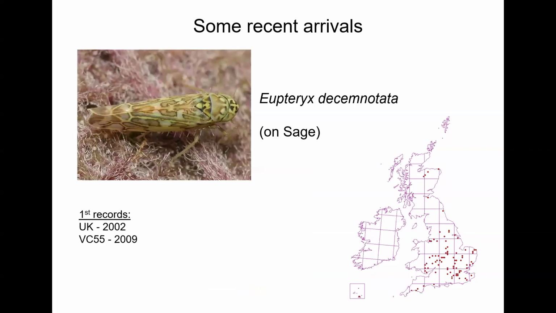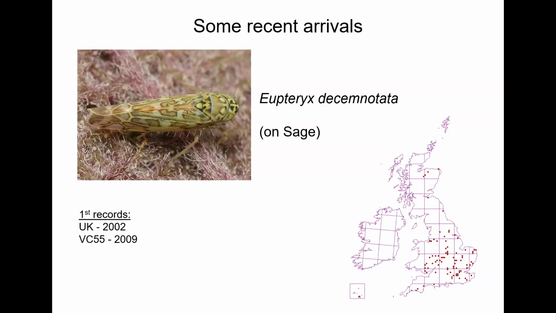Another species that's also doing very well for a different reason is this one, Auchenorrhyncha notata. This is one of the Typhlocybine family. This one feeds on sage, particularly on garden sage. First arrived in the UK, or was first recorded, I should say, in 2002.